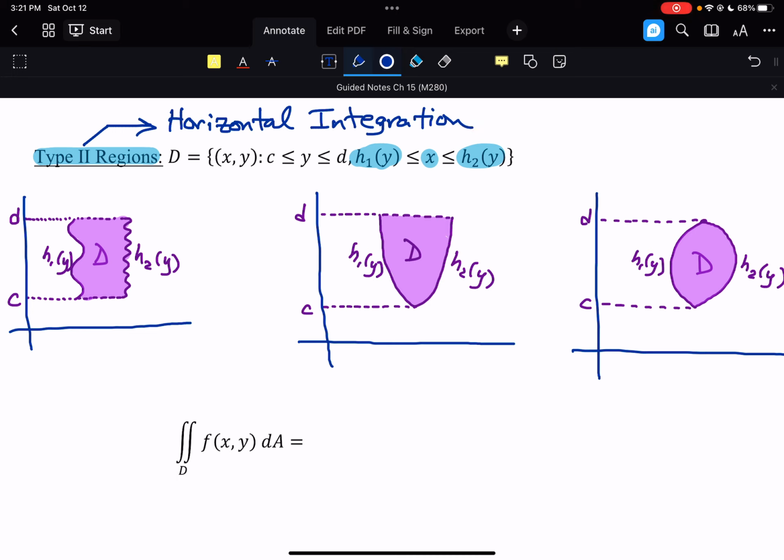So we integrate x between two functions of y horizontally, and then y is setting the edge from c to d. So we get our double integral of f of xy dx dy, with x going from h1 of y to h2 of y, and y going from c to d.